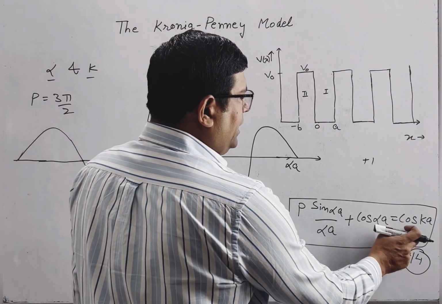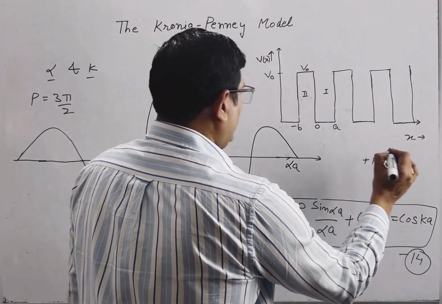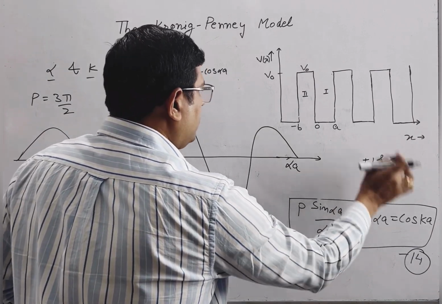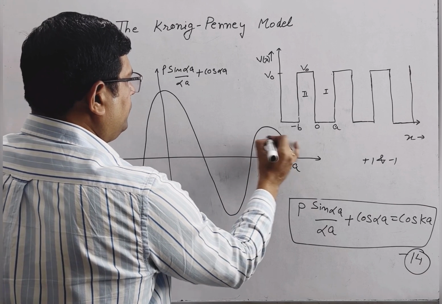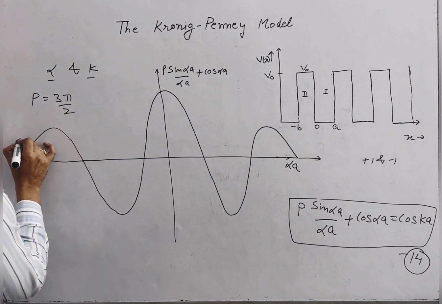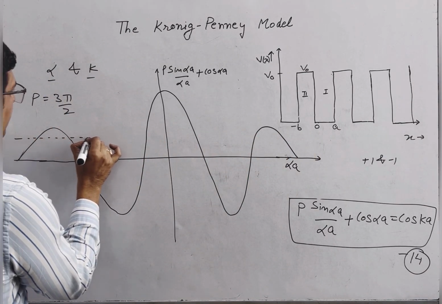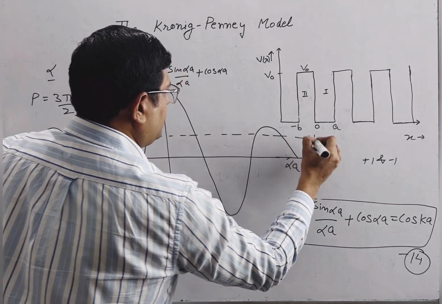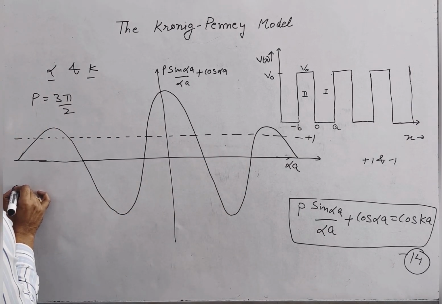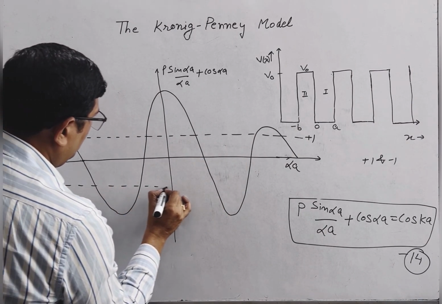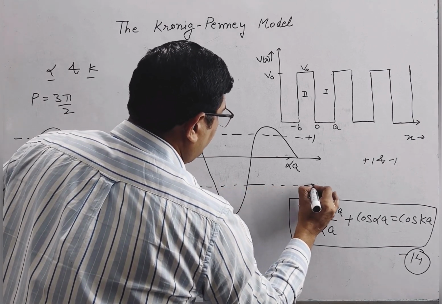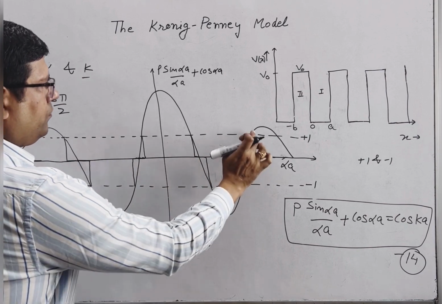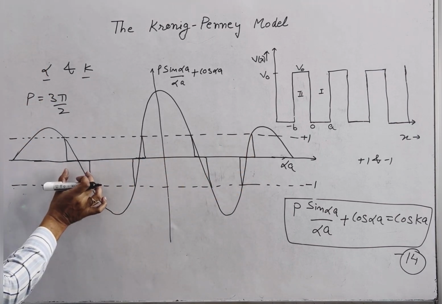As we know, right hand side is bound between +1 and -1. So left hand side will take only the values between +1 and -1. Let this be plus 1, and this value is minus 1.